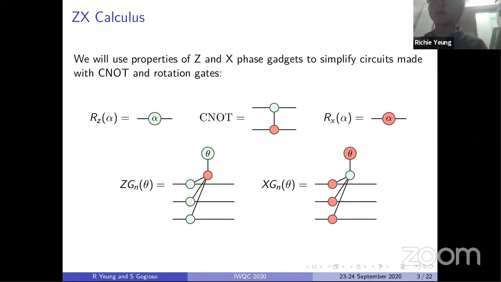Here we also have the Z phase gadget and the X phase gadget, which are generalizations of the rotation gates. In the rotation gate, you rotate based on whether the input is 0 or 1.